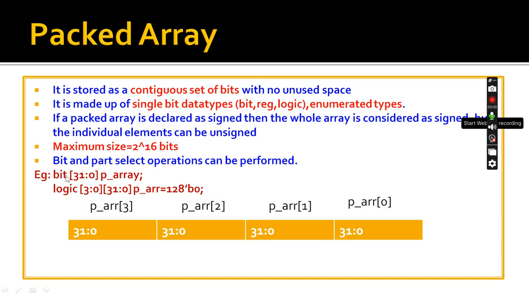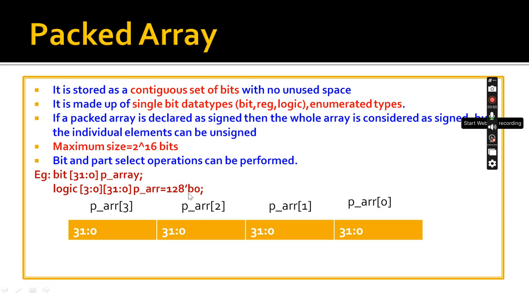This is how we will declare a packed array. This is the data type, this is the range, and this is the packed array identifier. This is another packed array. Here 3:0 is the number of elements, and 31:0 is the number of bits.